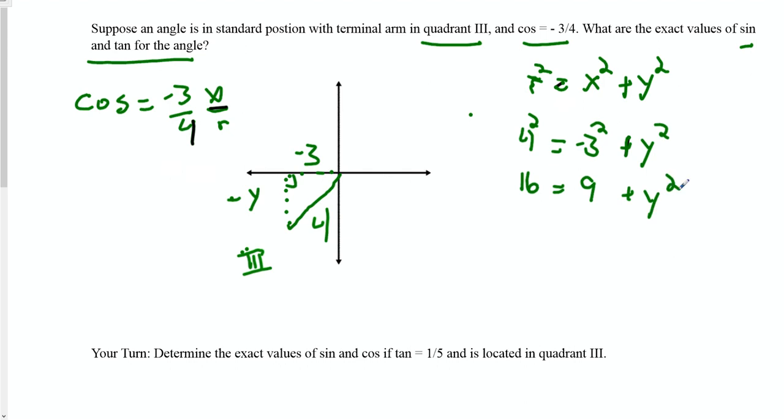So I'm going to bring the 16 over through subtraction. 16 take away 9, that leaves me with 7. So that means my y value is radical 7. Just leave it like that. If you can't simplify it down, if you can't take an actual square root, leave it as a radical. It's fine, okay? So now all I need to do is solve for sine and tangent.